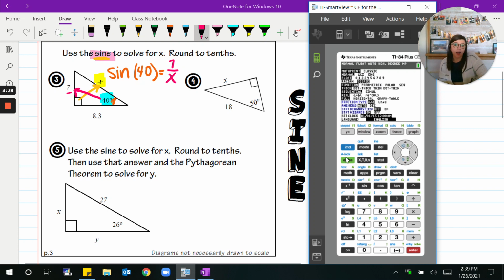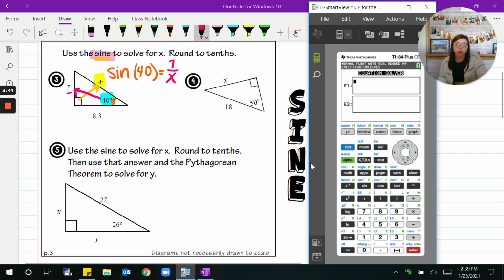So now I can use the numeric solver. I can go math, up, enter, and the first part of my equation is sine 40. If you look here in the middle of your calculator, we have a button for sine, a button for cosine, and one for tangent. Each of these are here, and we get to use them.